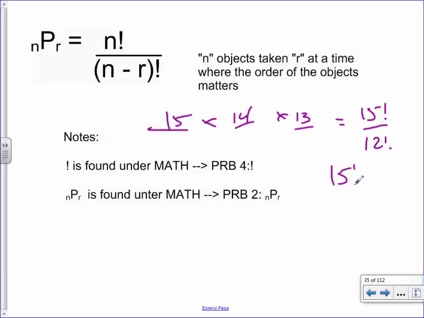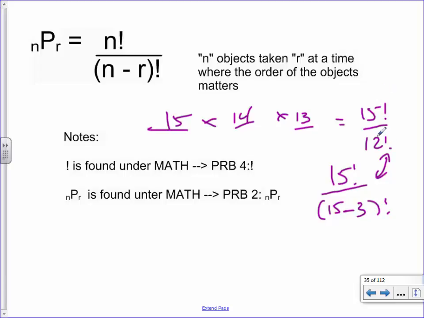The 15 on the top would be 15. What is 12 equal to if it has to be 15 minus a number? What number do you subtract from 15 to get down to 12? 3, yeah. It's the exact same thing. It's 15 factorial over 12 factorial, but you can also write it as 15 factorial over 15 minus 3 factorial.